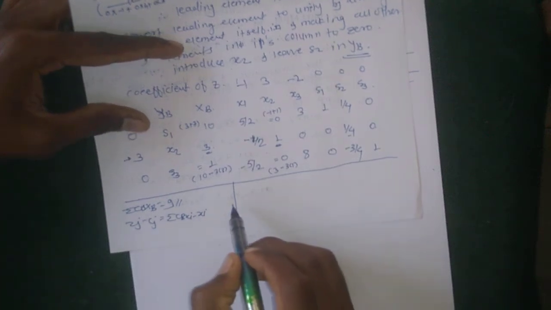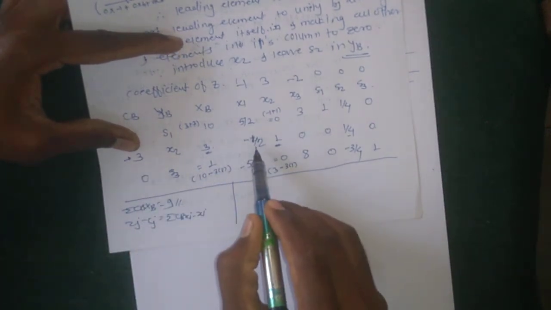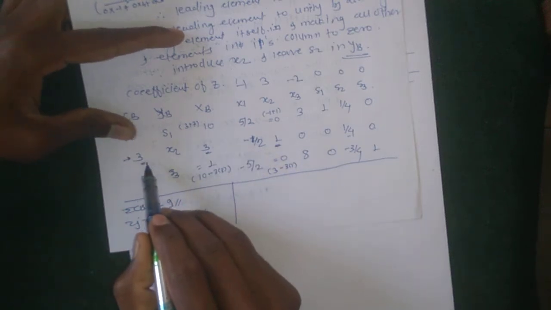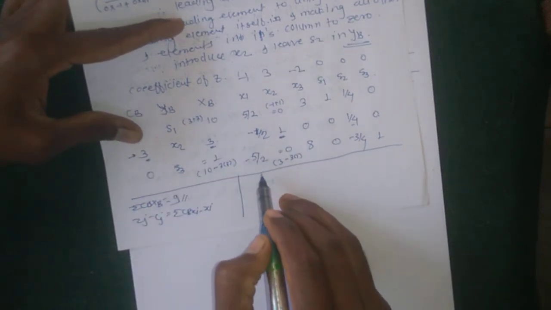Now we have to calculate Zj minus Cj. We get minus 3 by 2 for the x1 column.